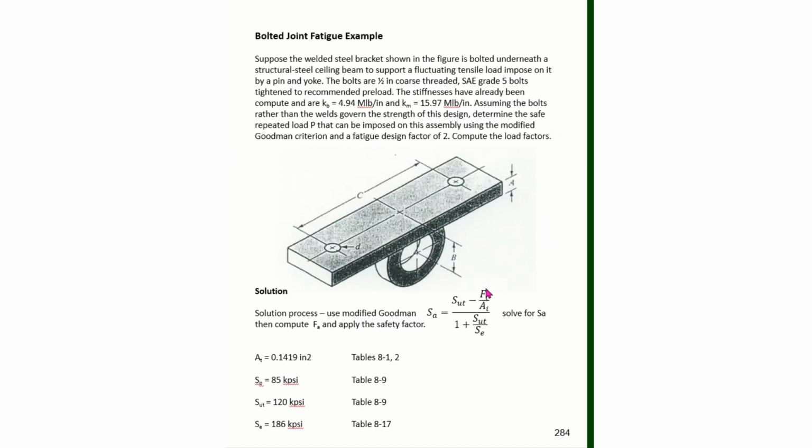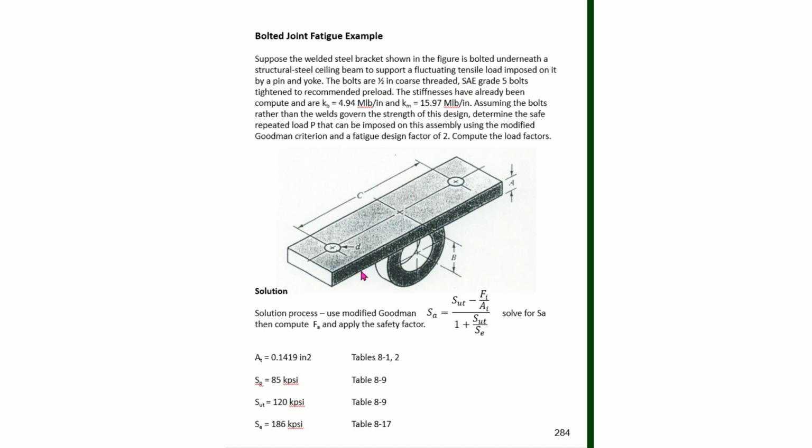We will now look at solving an example problem. In this example problem, we have a welded steel bracket as shown down here, and it's bolted underneath a structural steel ceiling beam to support a fluctuating tensile load imposed on it by a pin and a yoke, so a load applied down here.